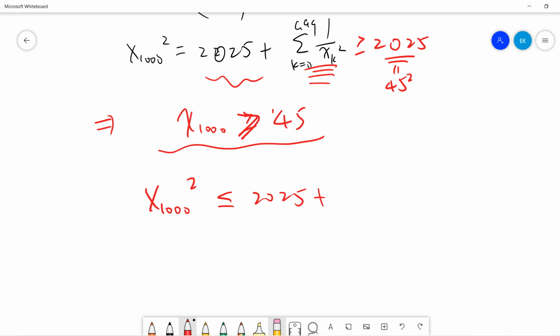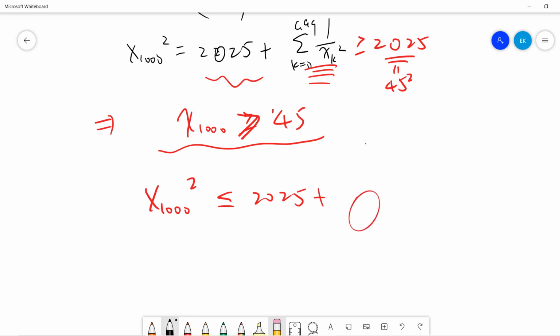But the difficult part is that if I only take x0, then I would get 1000 over x0 squared, and x0 squared is 25. So this bound is too big, not effective.